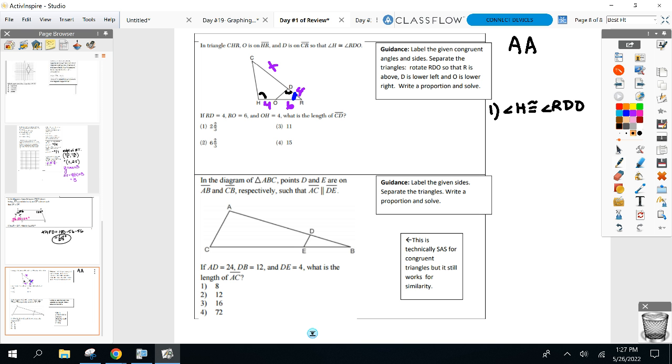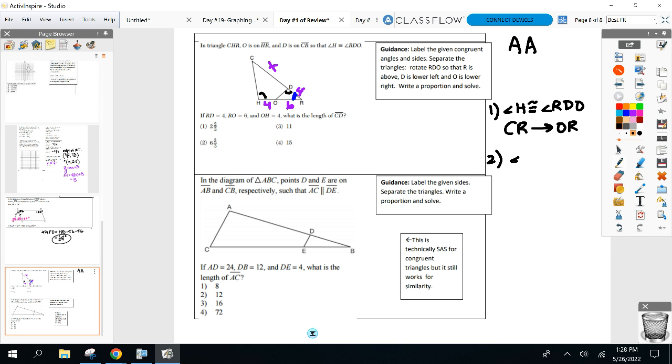What is angle H across from in the big triangle? Name the side. CR. So CR matches up with the side across from RDO in the small triangle. Those are the two that match up. They're across from the congruent angles. Let's keep going.